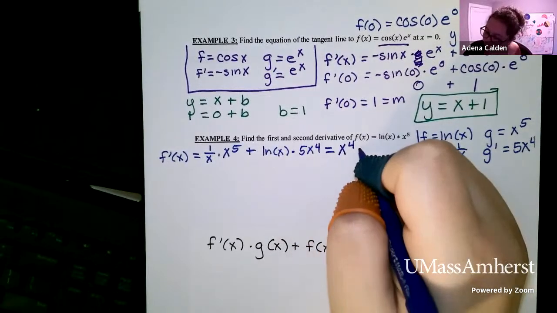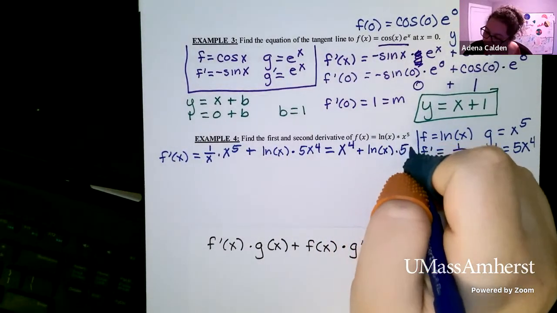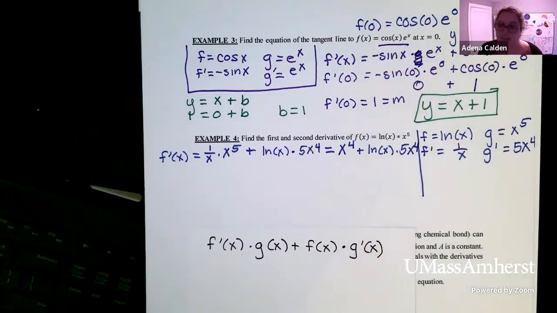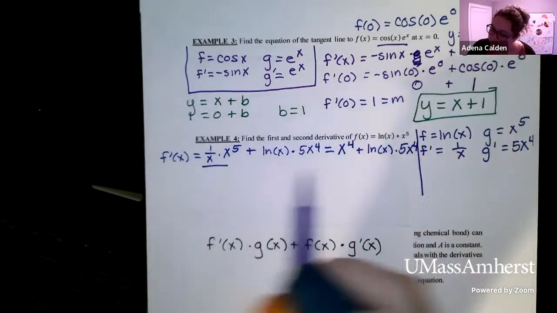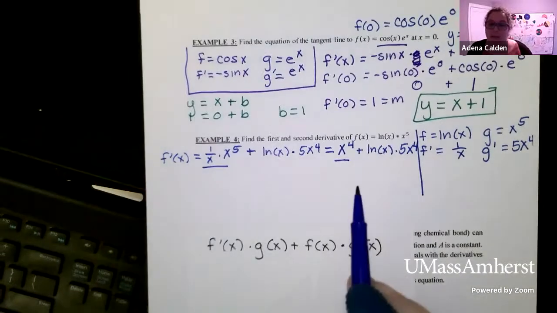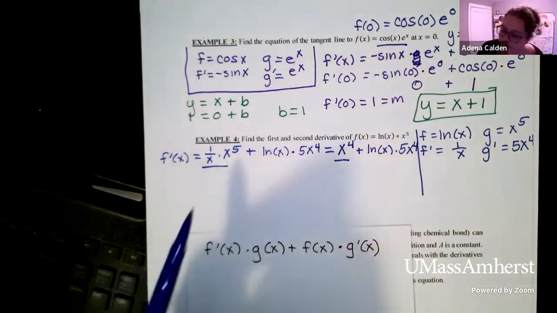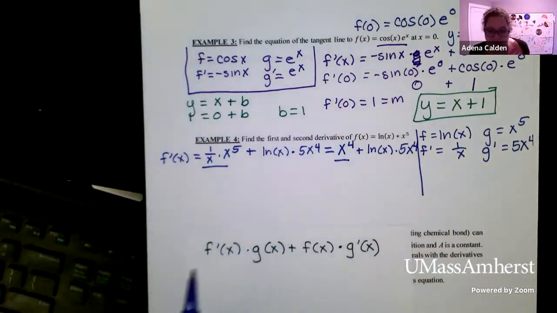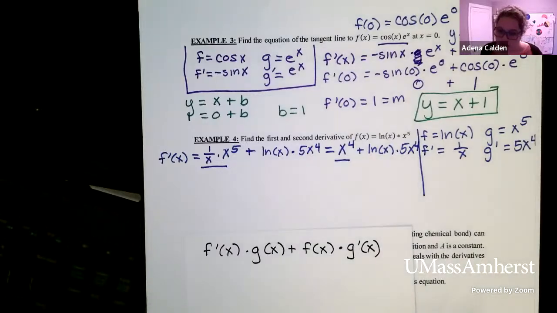So we have x to the 4th plus, now the second term cannot be simplified, so we just leave that as is. Okay, and the reason we want to simplify the first term is taking the derivative of this versus this. The x to the 4th is going to be easier because that is a power rule, whereas if we leave it as 1 over x times x to the 5th, we have to set up another product rule, which we don't really want to do at this point if we don't have to.